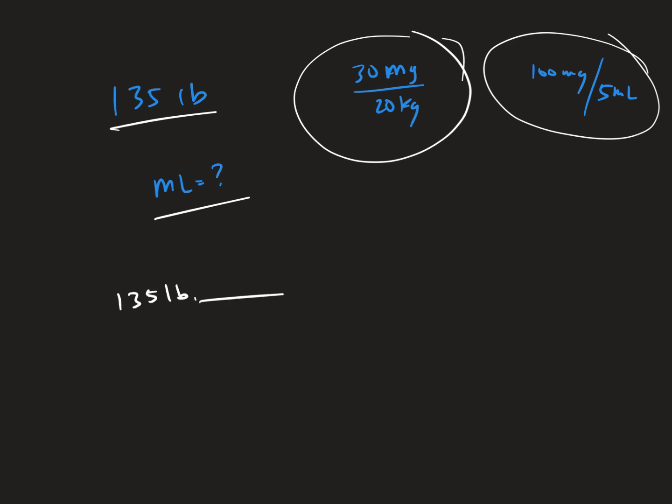What are we going to convert to first? Kilograms. How do you know kilograms? It's 2.2 pounds of body weight for every 1 kilogram. We got kilograms right there, and we don't have pounds anywhere, so let's convert pounds to kilograms. So 2.2 pounds to 1 kilogram.